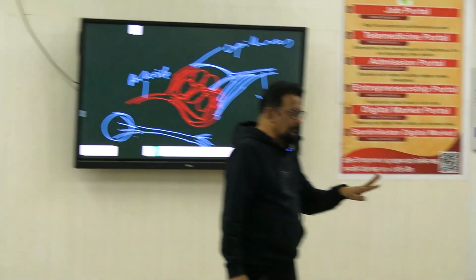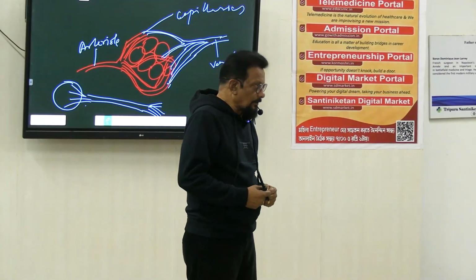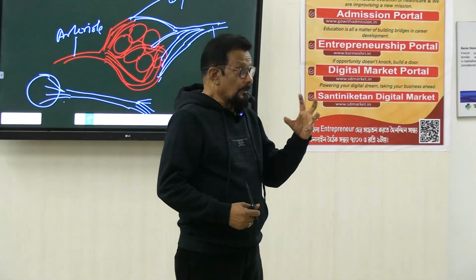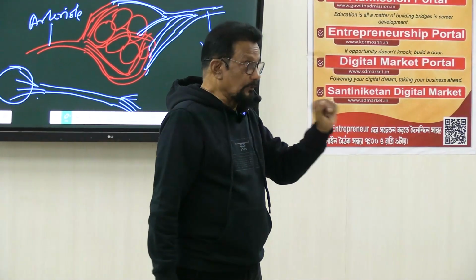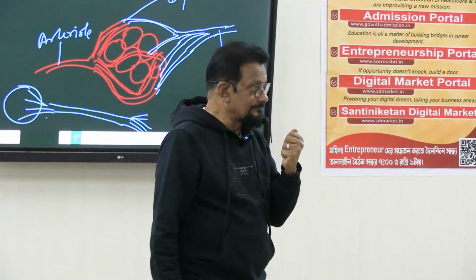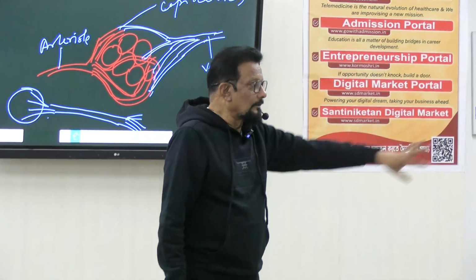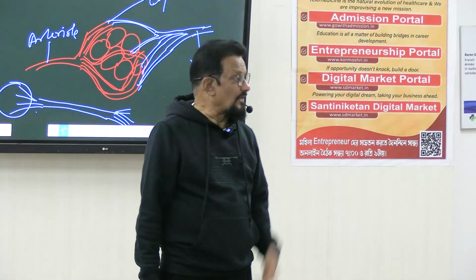Without sugar you cannot survive. Without glucose, how you generate your energy? It may happen because you may not get food for some days, or you have undergone starvation, fasting.